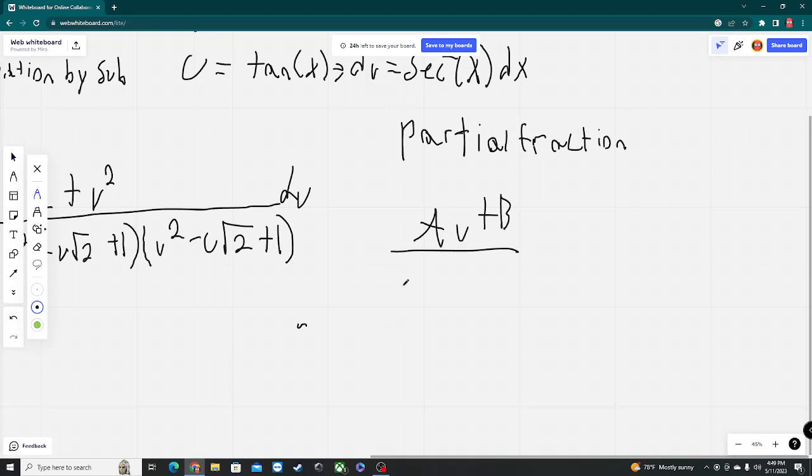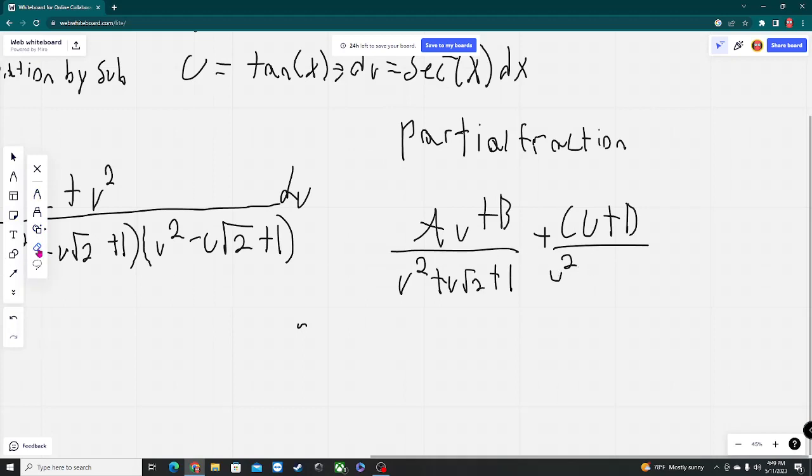So au plus b over our u squared plus u square root 2 plus 1, plus cu plus d over our conjugate, u squared minus u square root 2 plus 1.